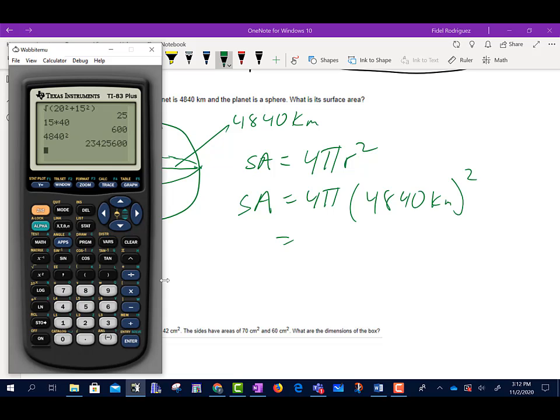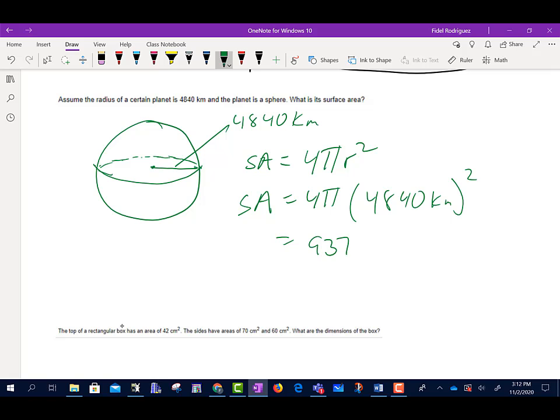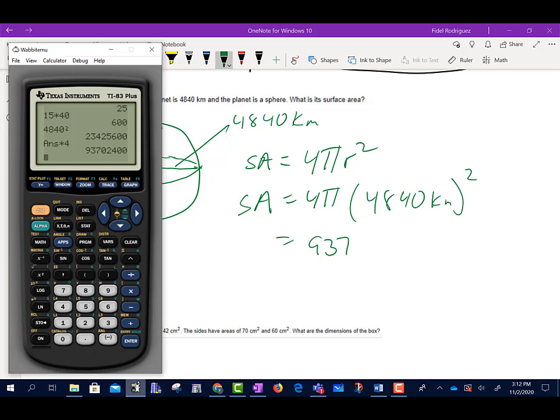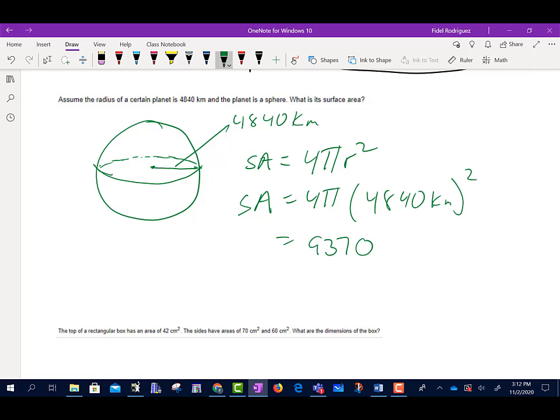And wow, huge number, right? And I still got to multiply that number by 4. So let's go ahead and multiply it by 4. So I'm coming up with 937,02400. So that would be 937 million. Wait, I forgot.